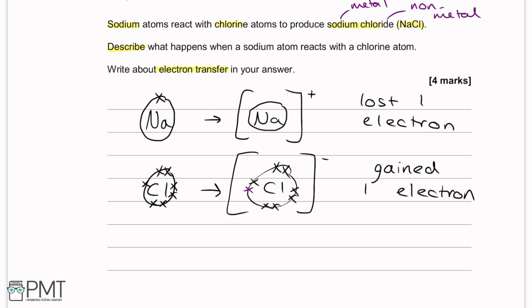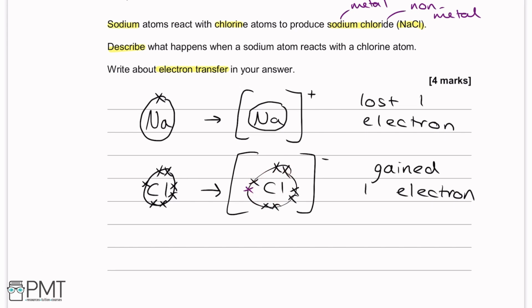So now the question is, where has this electron that chlorine has gained come from? Well, this electron on the chlorine atom has come from the sodium. So when sodium has lost its electron, chlorine has essentially picked it up to give it a full outer shell.